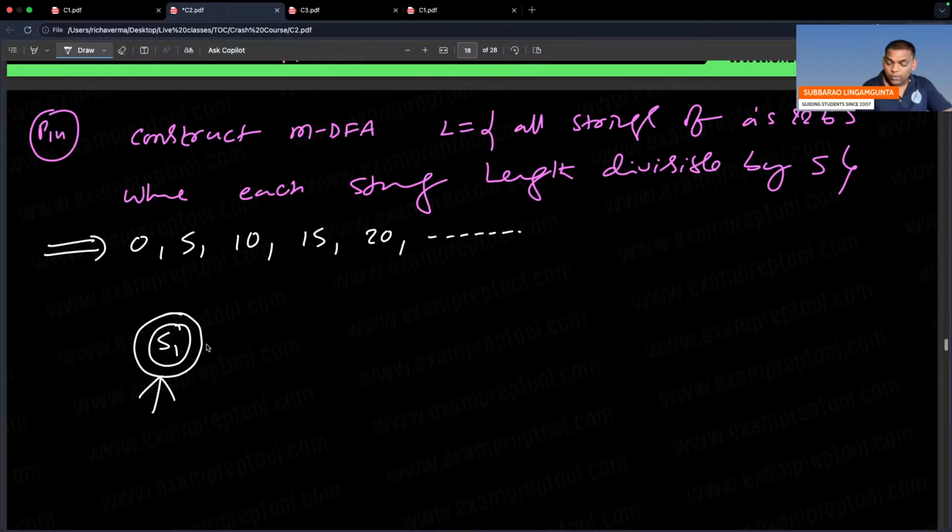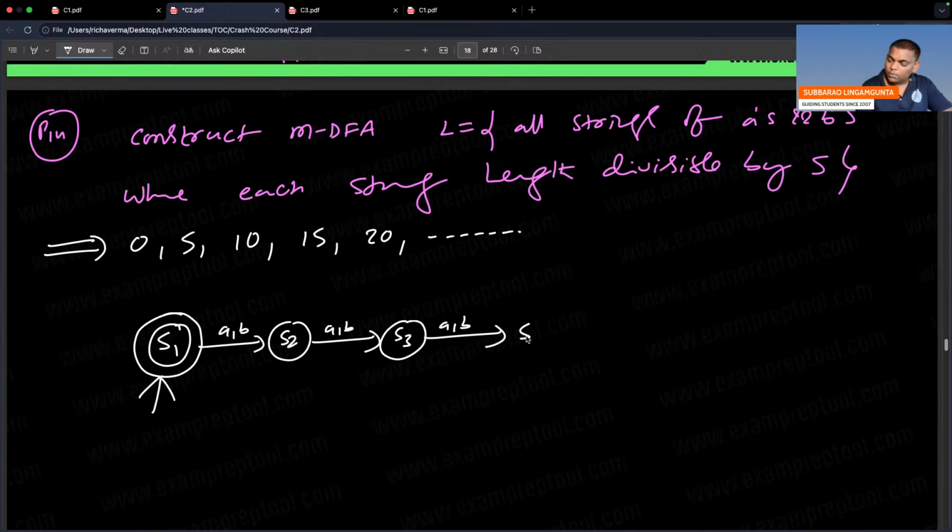Next, some people are asking, sir, what about 1 length? Not accepted. 2 length? Not accepted. 3 length? Not accepted. Remember everyone, state number 4 indicates a 3 length string is completed. State number 3 indicates a 2 length string is completed.